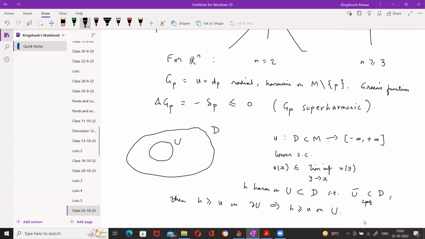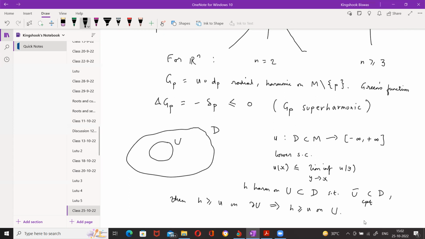So that's why it's called subharmonic, because that means that if on the boundary of a domain your function is less than a harmonic function, then inside that domain it is also less than that harmonic function. For a C2 subharmonic function, that will be equivalent to the Laplacian being greater than or equal to 0.